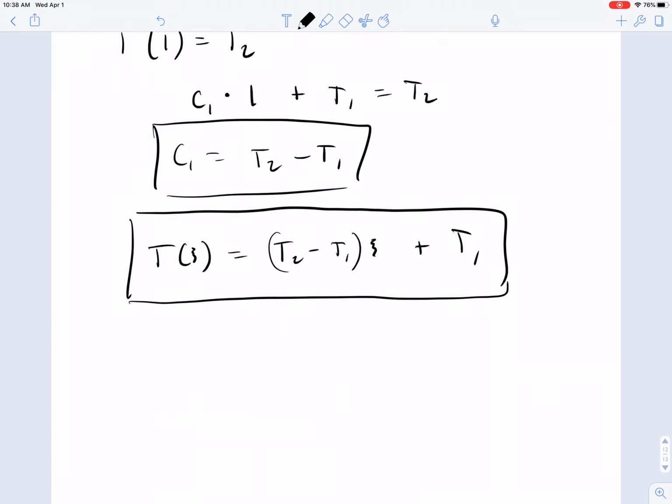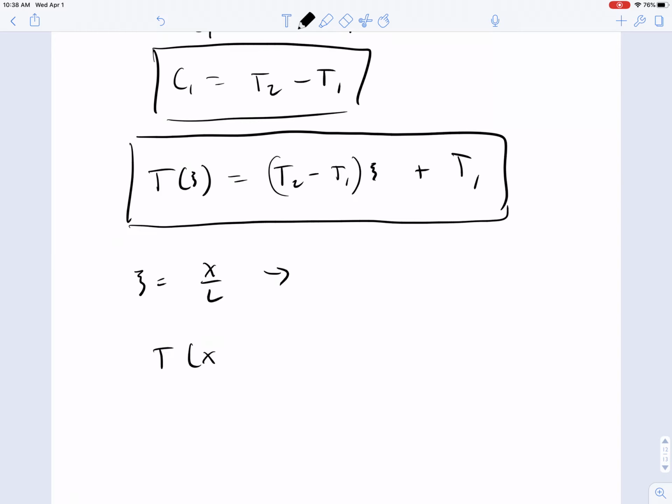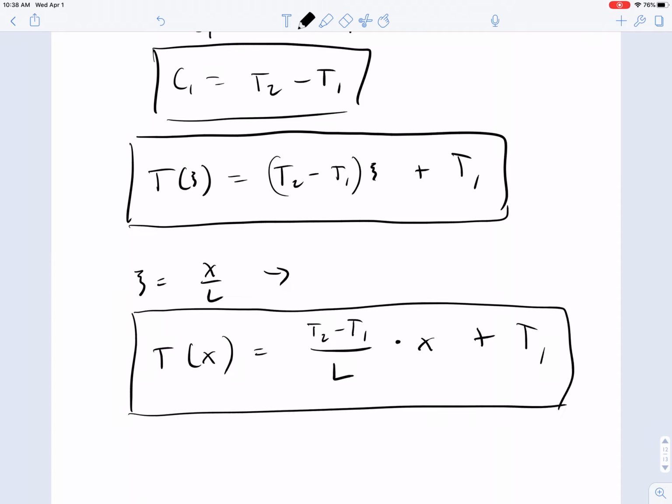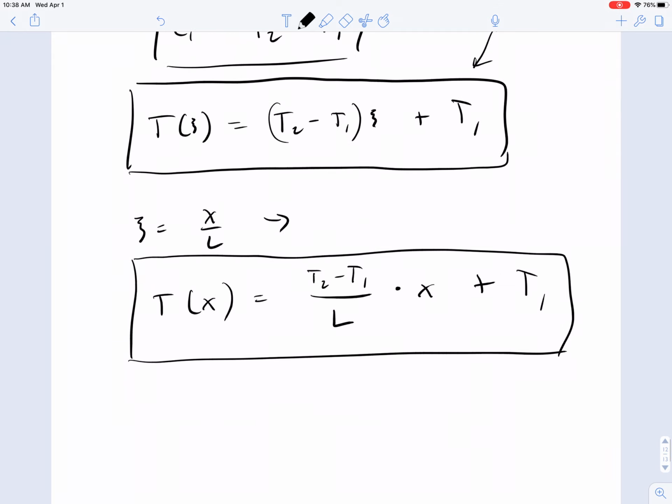To go back to x, we simply put in psi equals x over L, and we can recast this into our original independent variable x: T equals T2 minus T1, all divided by L, times x, plus T1. So solving it in the dimensionless system makes life pretty easy, especially when we get to the dynamic simulation solution, and it's easy to convert it back into the original independent variable x.